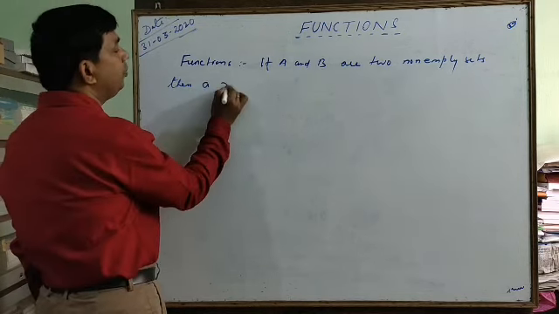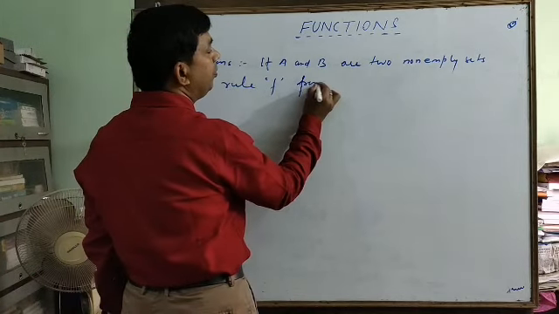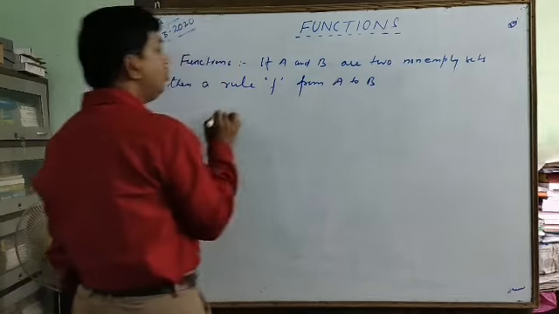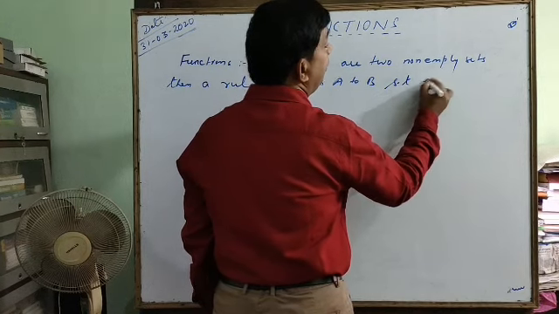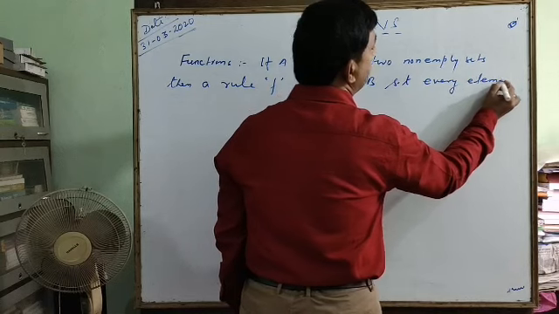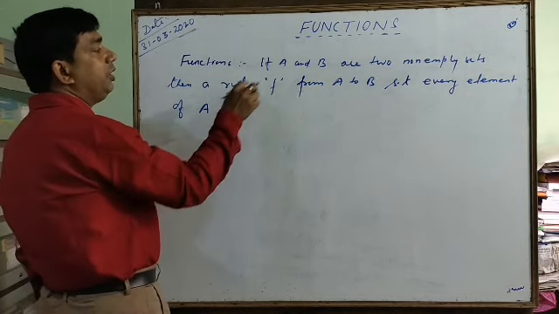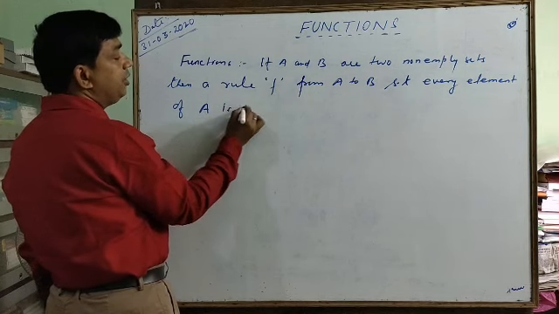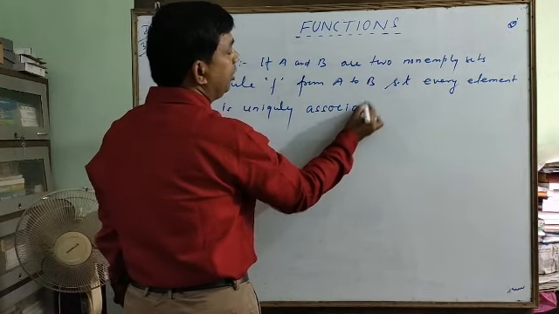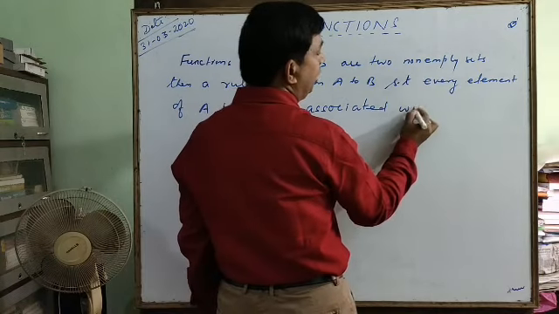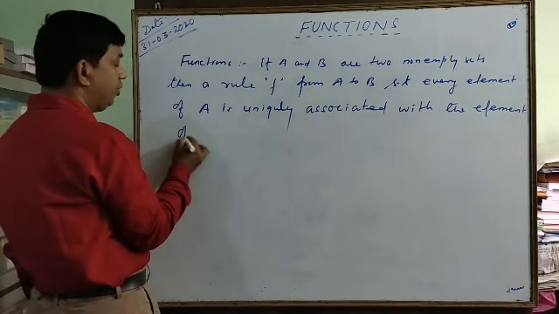I take the rule as f from A to B, such that every element of A, means each element of set A, is uniquely associated with the element of B.